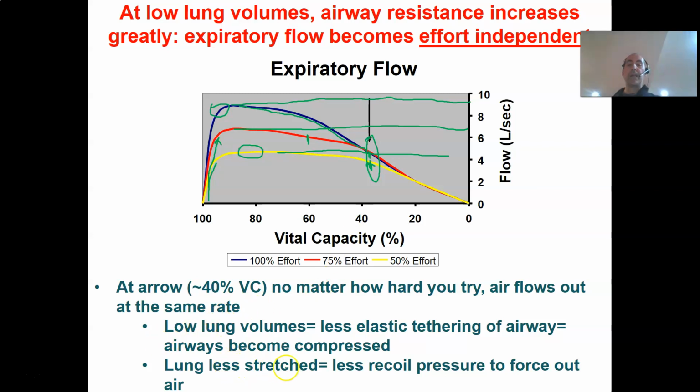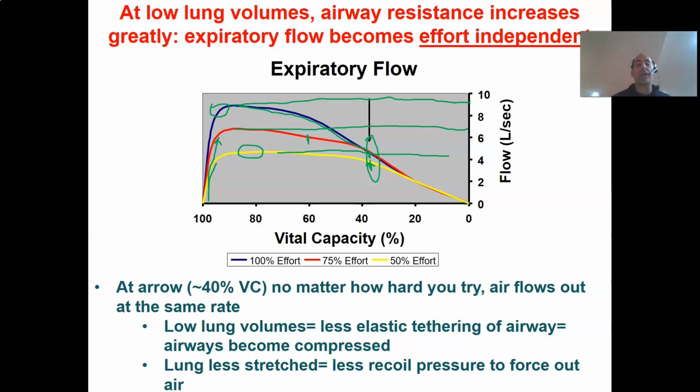When the lung is less stretched, there's also less recoil. So by the time you get to 40% of vital capacity, you don't have as much recoil from the lung, and the airways, because of the tethers starting to loosen up, start to partially collapse. The resistance goes up so high at 40% airflow that no matter how hard you try, you cannot move air out any faster.